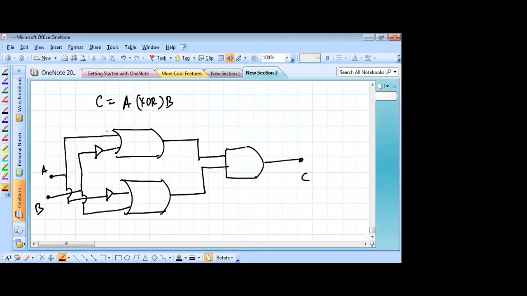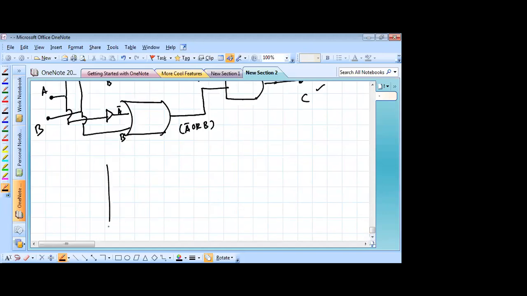So you can see that this input here is A, but this is B complement. So this is giving us A or B complement. Similarly, this is A complement. This is B. So this is giving us A complement or B. And finally, this is an AND gate. So this is giving us A or B complement and with A complement or B, which is the value of C. So you will see that this actually implements exclusive OR.